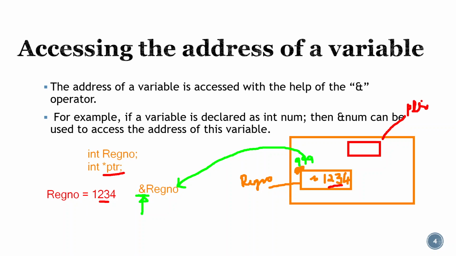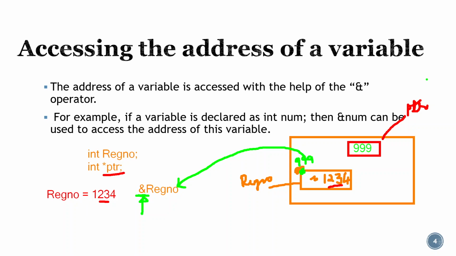This is also a memory location, no doubt. But this is a special type of memory location. I cannot think of storing 1234 inside ptr because it is not going to take the values, but it can take the address of other variables. So if I assume that 999 is the address of this particular location, 999, that is the address of another variable, can be stored.